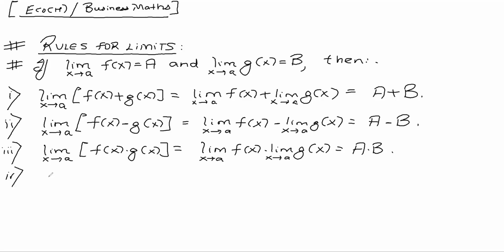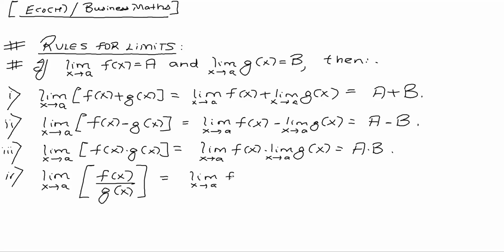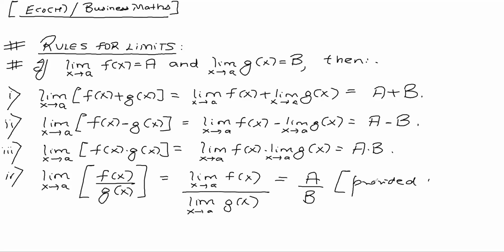In the fourth rule, limit as x tends to a, if I take the quotient, I can write it further as limit as x tends to a f of x upon limit as x tends to a g of x. So limit of a division of two functions is the division of the limits. I can write it as A upon B, but provided that your denominator is not equal to 0.